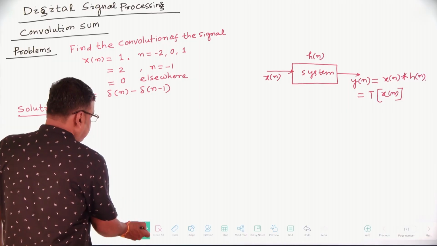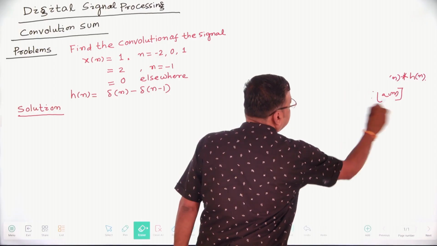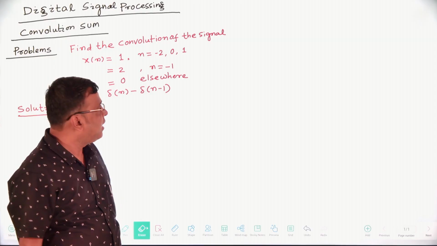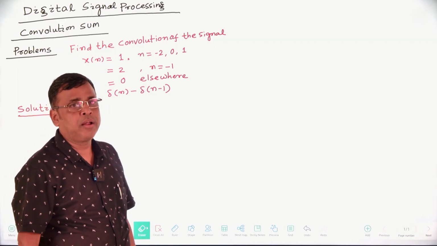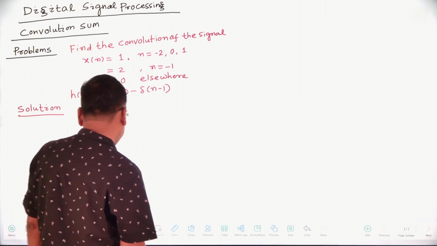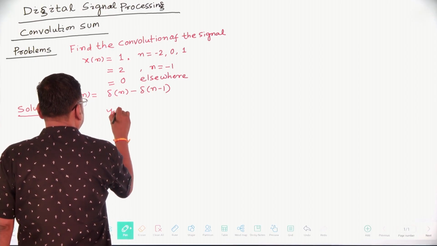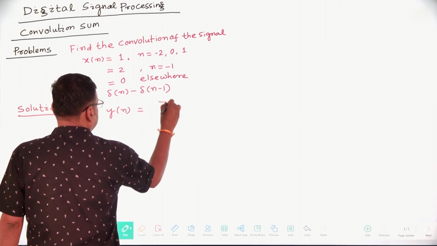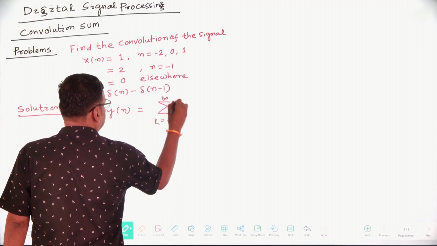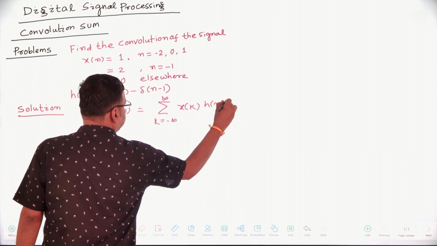So in the case of the convolution sum, x of n and h of n are given. In the previous class, I already told you there is a mathematical formula to calculate the convolution sum. Here y of n equals the sum over k from minus infinity to infinity of x of k into h of n minus k.